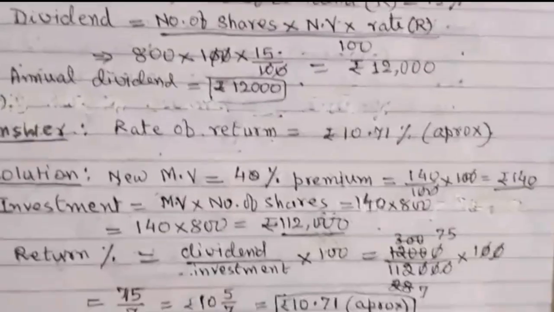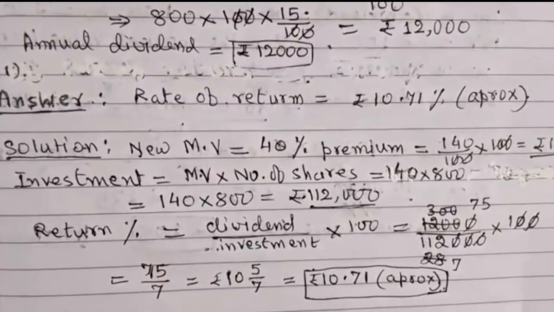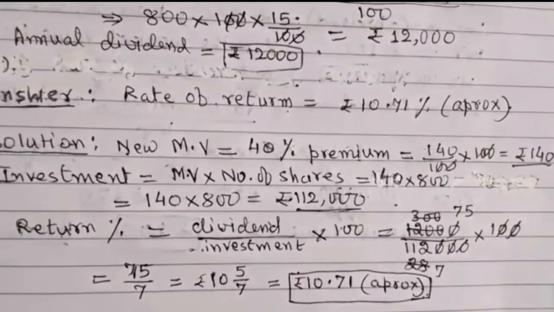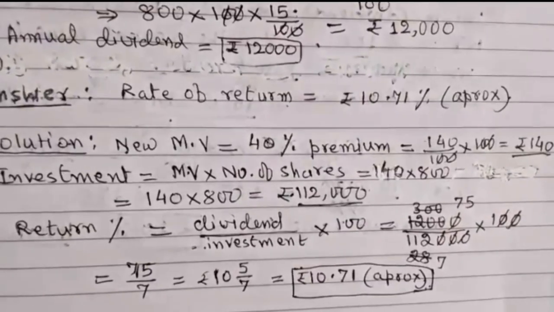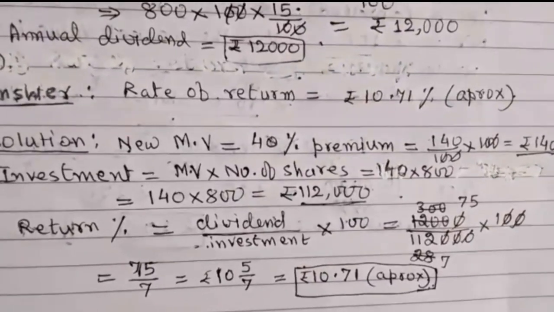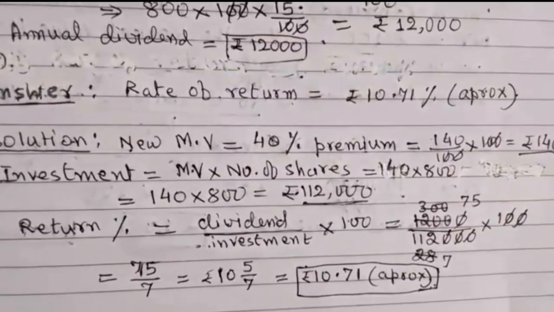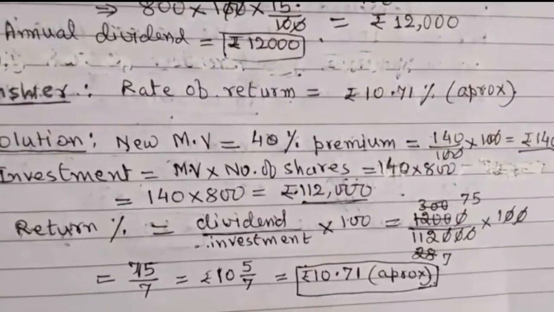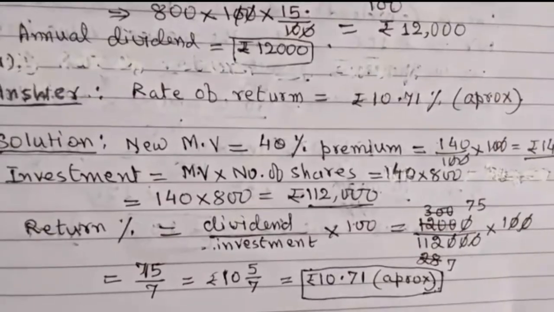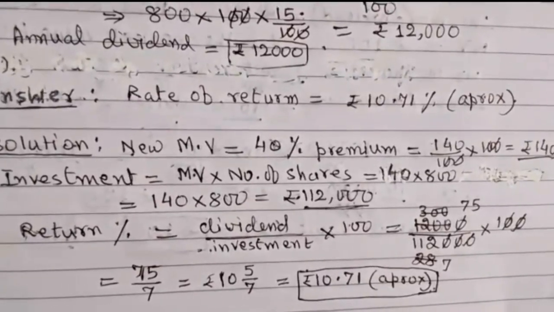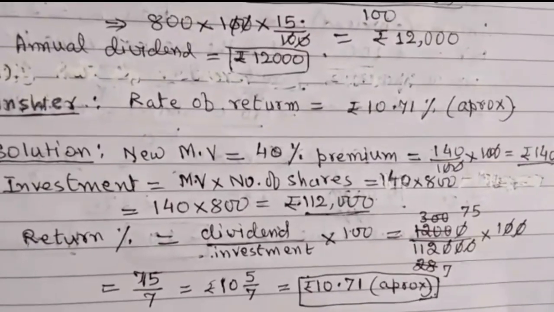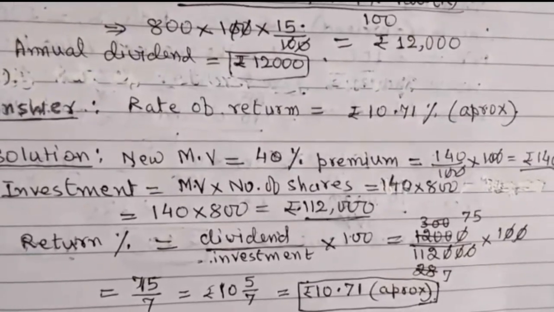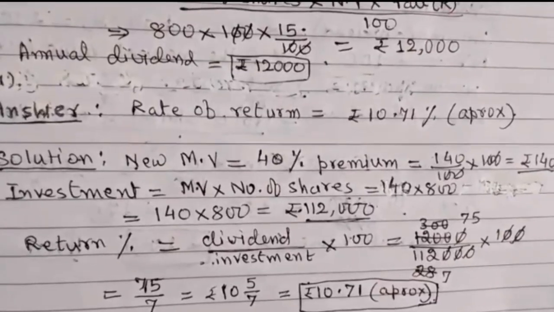Now solution to part 2. The new market value is given 40% premium, that is 40% above the nominal value. Nominal value is 100, so the market value will be rupees 140. Now investment is equal to market value into number of shares, that is 140 into 800. 140 is the market value, 800 is the number of shares.